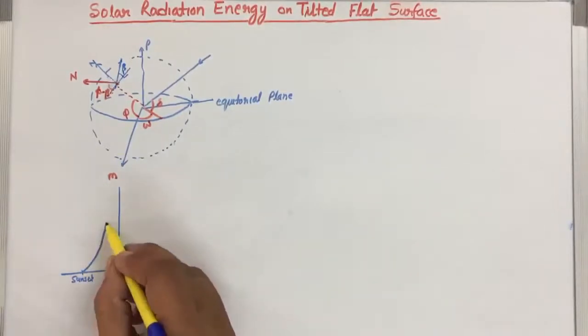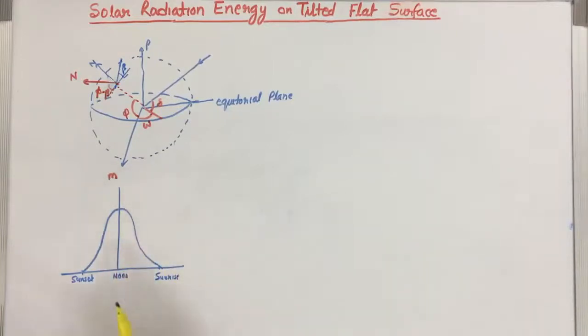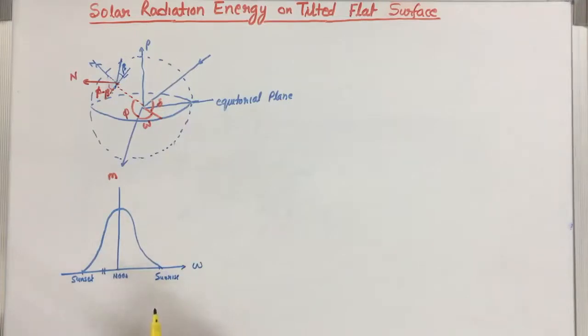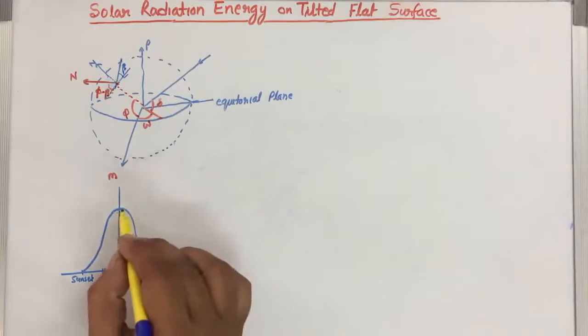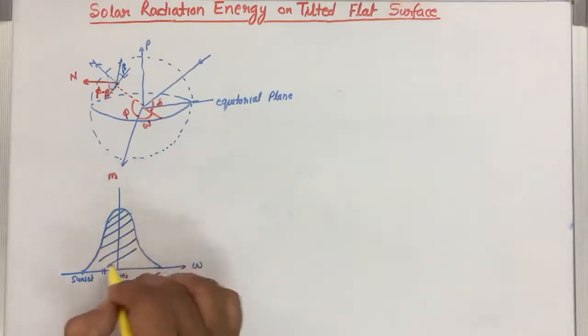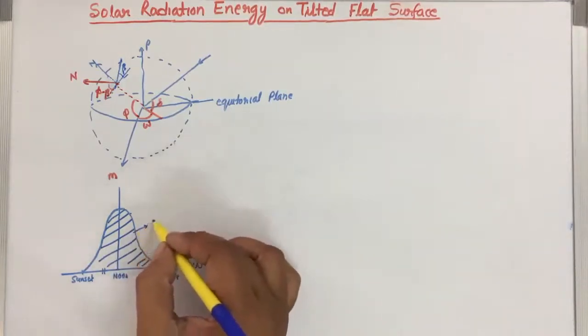The energy in that was like that, and we assume that this length of the time was equal to this length of the time. So it was our hour angle, and this was the energy curve. The area under this region was, yesterday, considered as H naught.